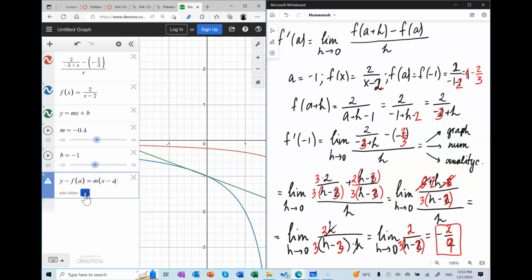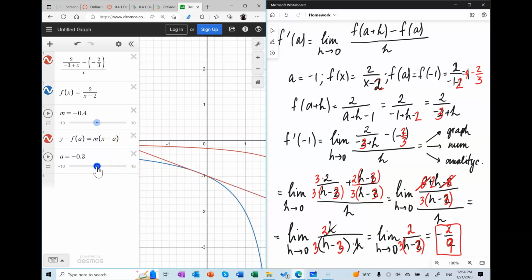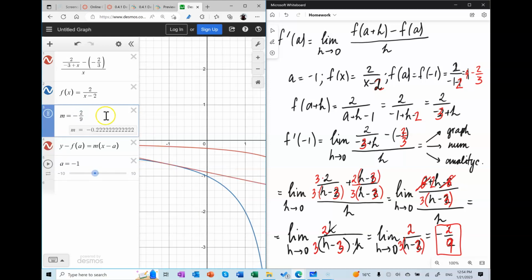We're going to add the slider a, and this is the line that represents the slope, and we want to set a to be equal to -1, and basically the question is asking what's the slope, right? And if we set the slope to be -2/9, that should be the right answer, as we can tell.